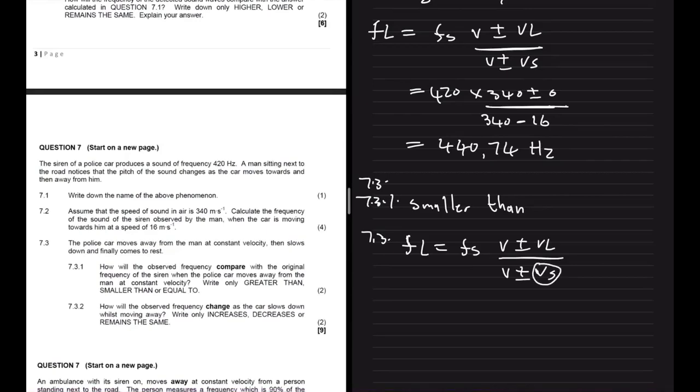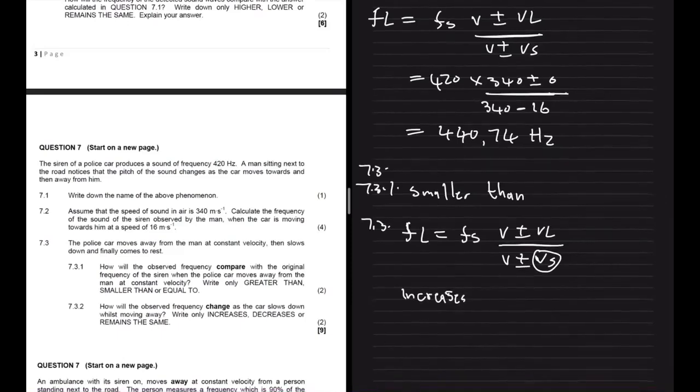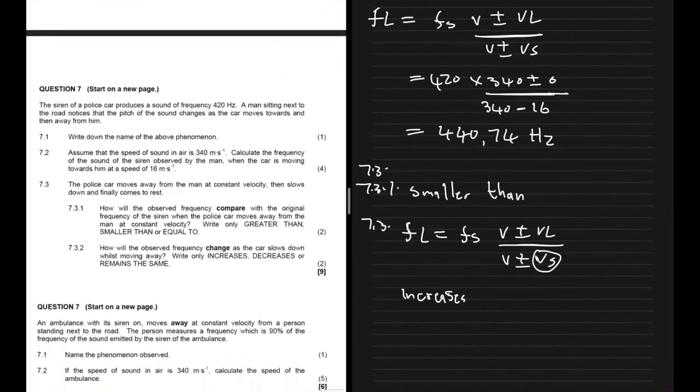If V S is getting smaller and the numerator is the same, then F L will go up, because now we're dividing by a smaller number. So the observed frequency will increase. It sounds very counterintuitive because the car is still moving away, but if we base it on this formula, then it's supposed to increase.